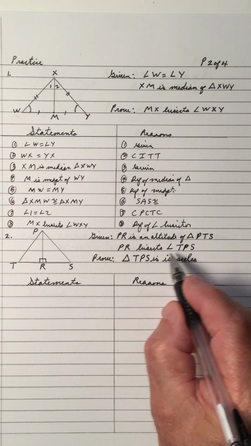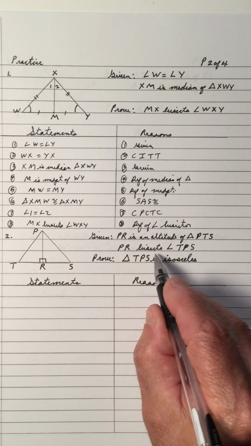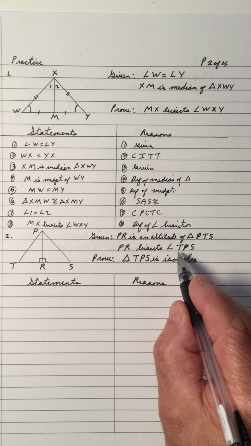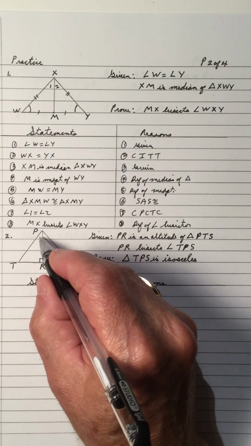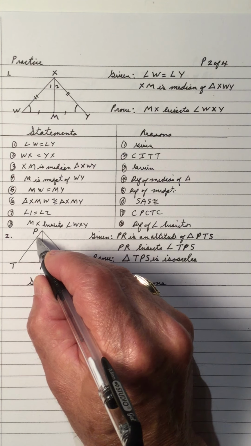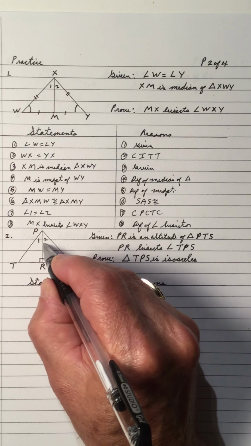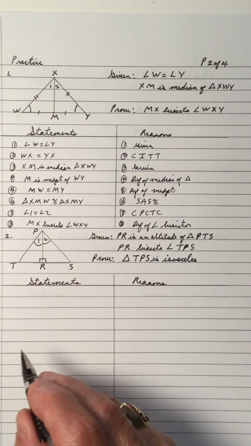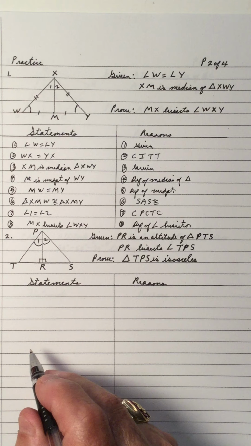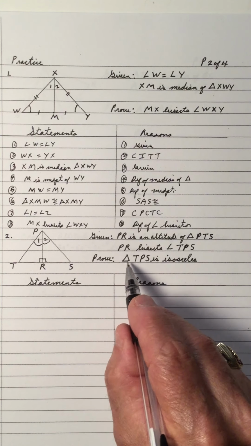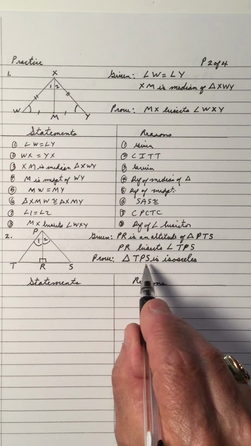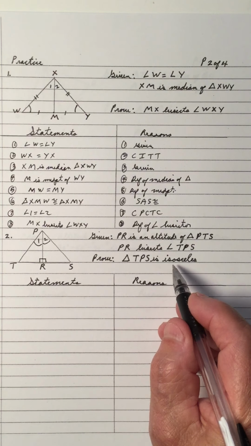PR bisects angle TPS. If PR bisects this angle here, that means that angle 1 is going to equal angle 2 because of a bisector. And we have to prove that triangle TPS is isosceles.